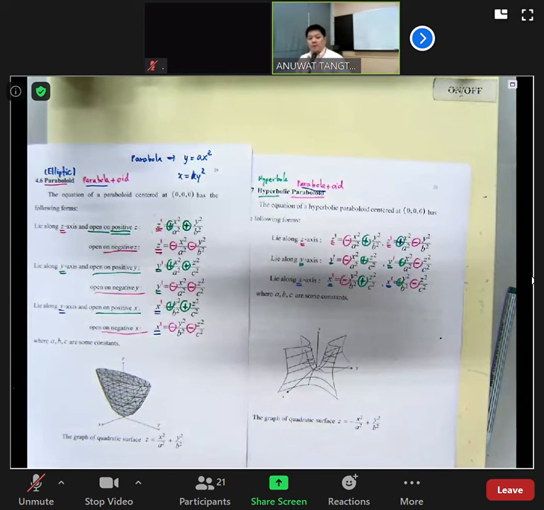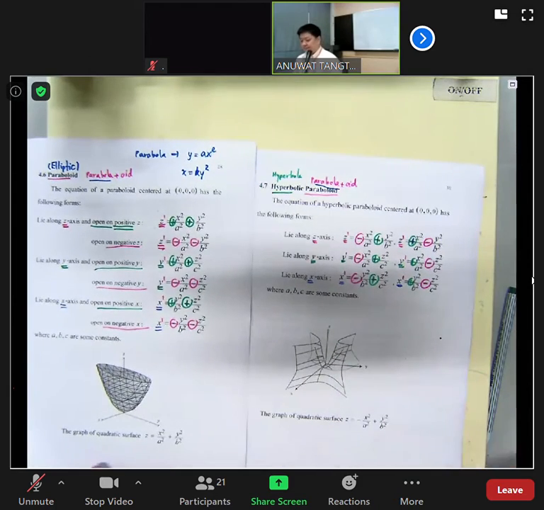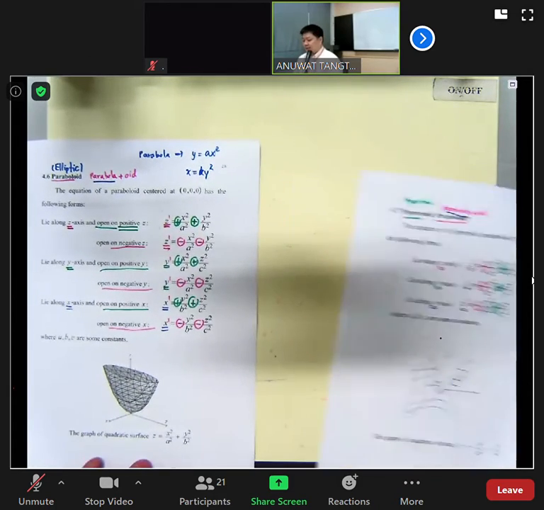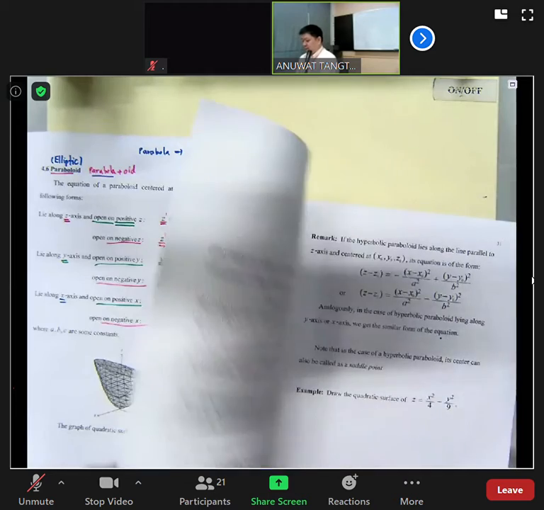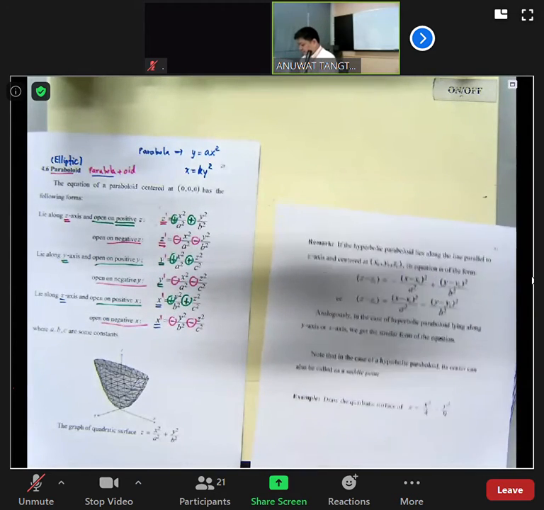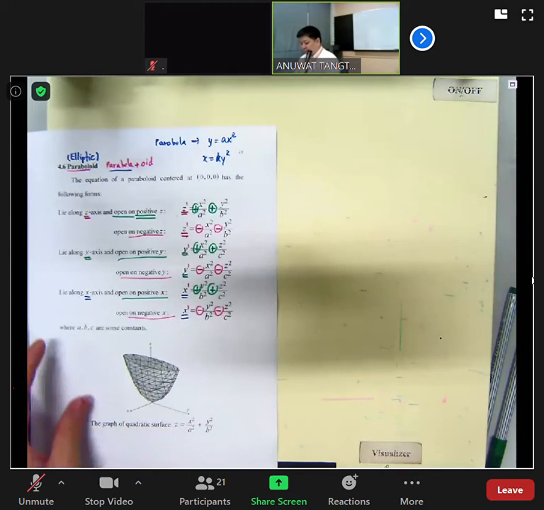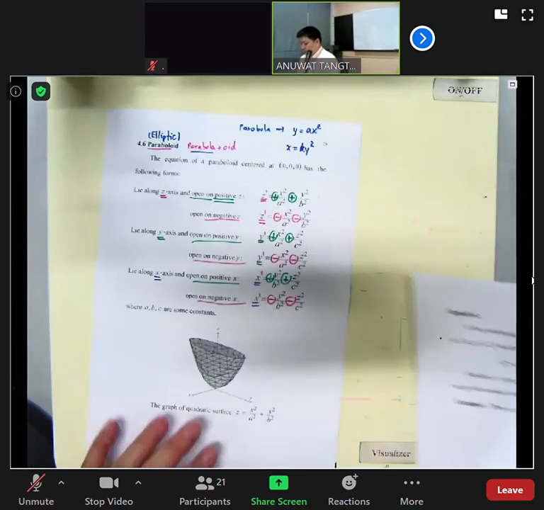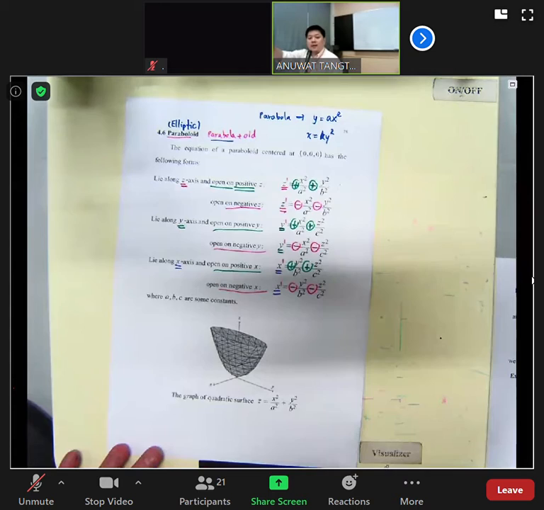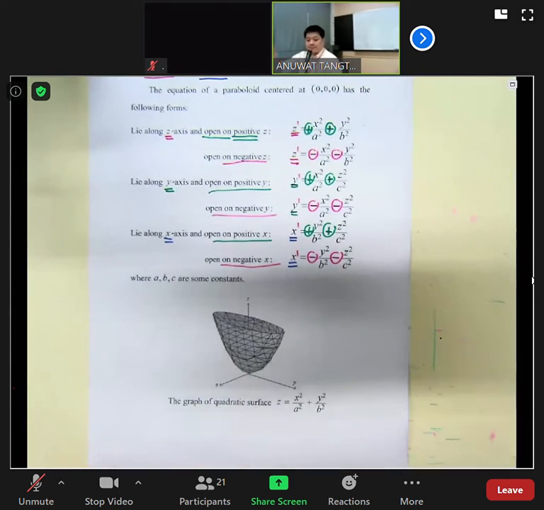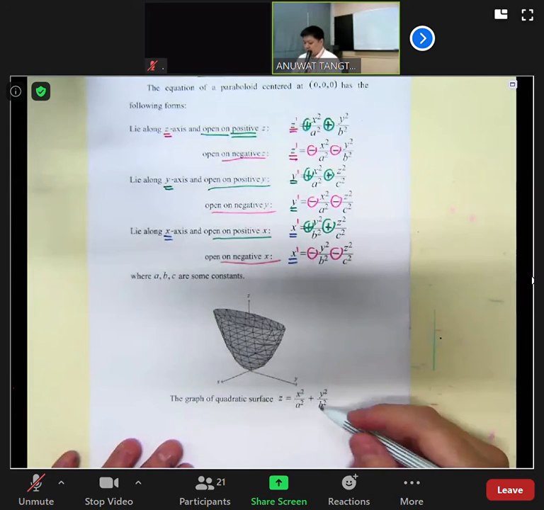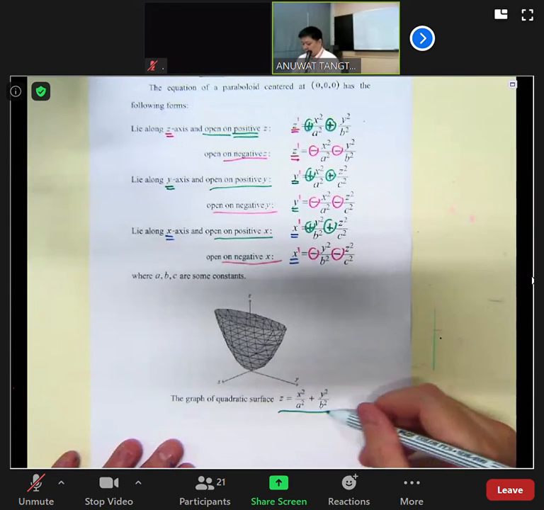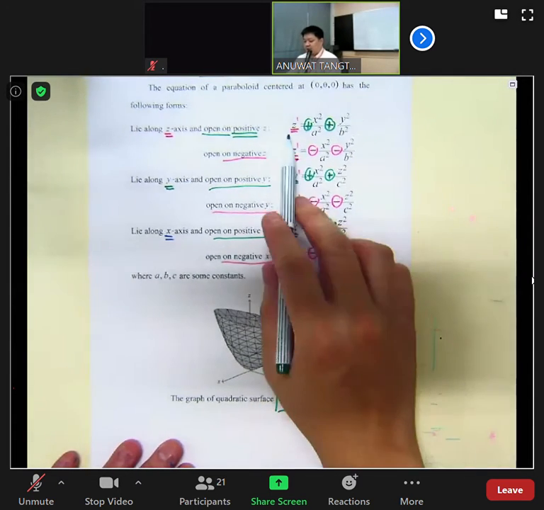If the signs of these two squares come out to be different, then it would be a hyperbolic paraboloid. Okay, so I hope you understand the equations of these two surfaces. Now, it's time to draw the graph of the paraboloid. So let me begin with the paraboloid here. This is the first case.